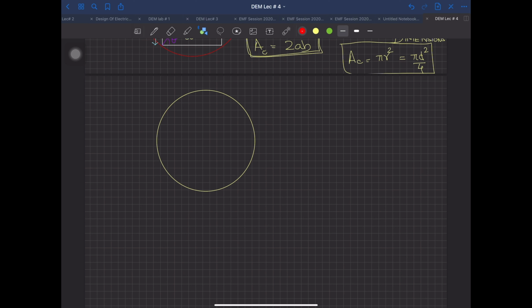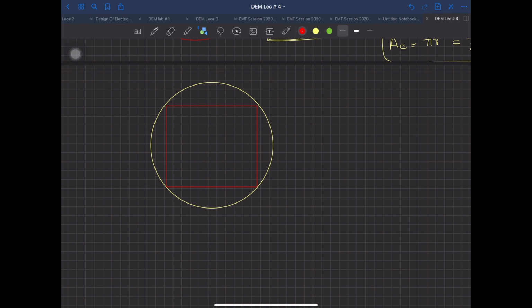And if I draw, this is a single step core, and this dimension, let me draw it with this one.